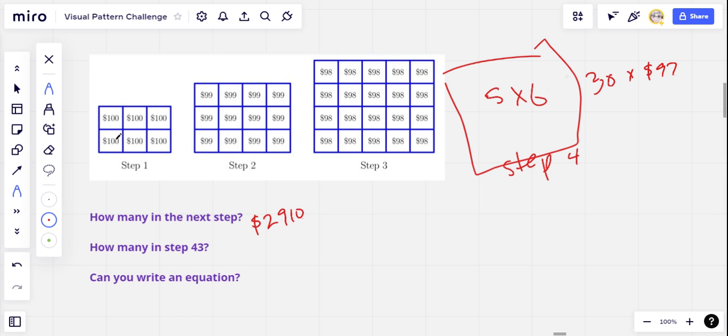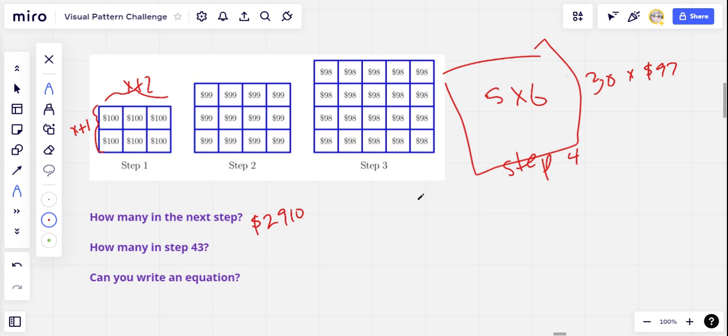It looks like we're 2 by 3, 3 by 4, 4 by 5. It looks like we're going up 1 in each dimension to start with. And the dimensions are, well, this one is 2, so that's the step number plus 1 on this side. And then here, it's the step number plus 2. So 2 by 3. So 1 plus 1 is 2, 1 plus 2 is 3. And the same thing happens here. x plus 1, 2 plus 1 here would be 3. 2 plus 2 here would be 4. So I think those are our dimensions.